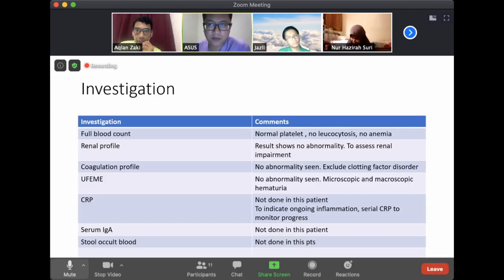Doctor, I have a question. The Nelson textbook mentions IVIG and also plasmapheresis as part of the treatment. In our local setting, do we use such modalities for HSP?